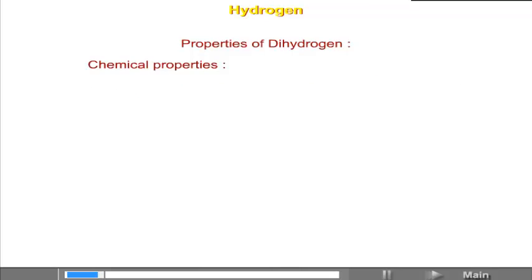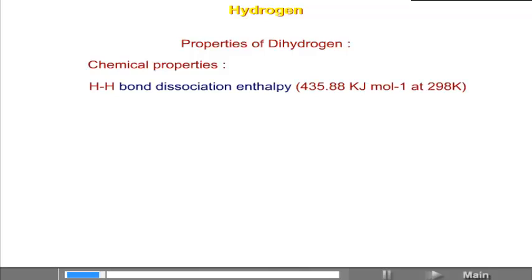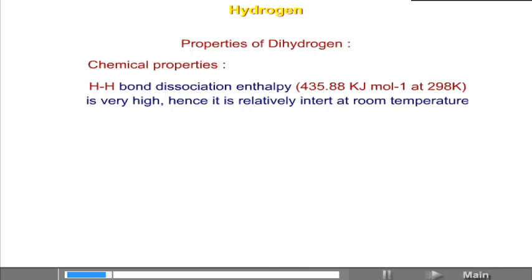Chemical properties. Hydrogen-hydrogen bond dissociation enthalpy is 435.88 kilojoules per mole at 298 Kelvin, which is very high, hence it is relatively inert at room temperature and is not very active.